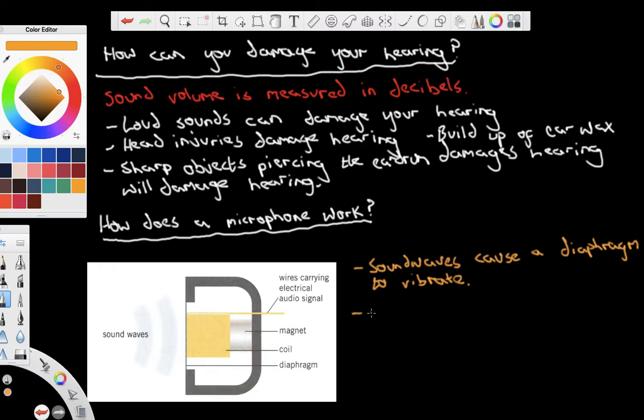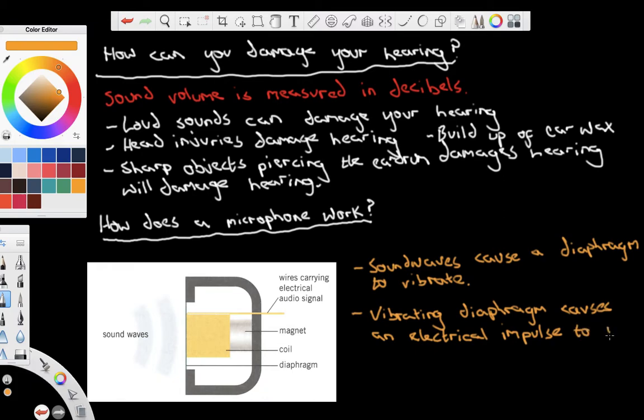So the vibrating diaphragm causes an electrical impulse to be generated and sent to a speaker. And that's all you need to know for now.